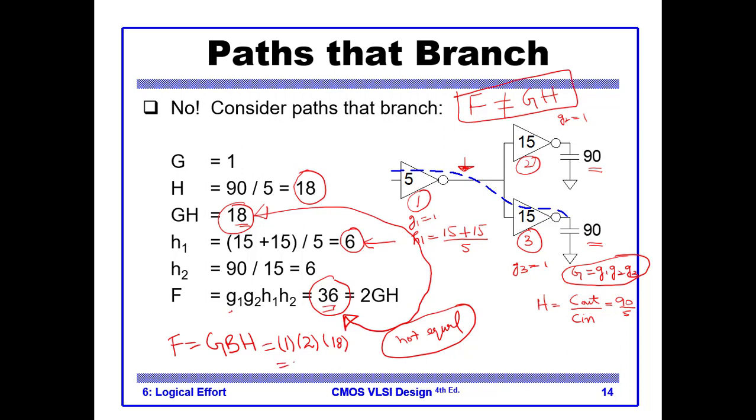So now it is 36. So the correct answer is 36, not 18. If I note this correction, the correct value is 36, not 18. So for the correct value of F, we have to include B in our calculation.